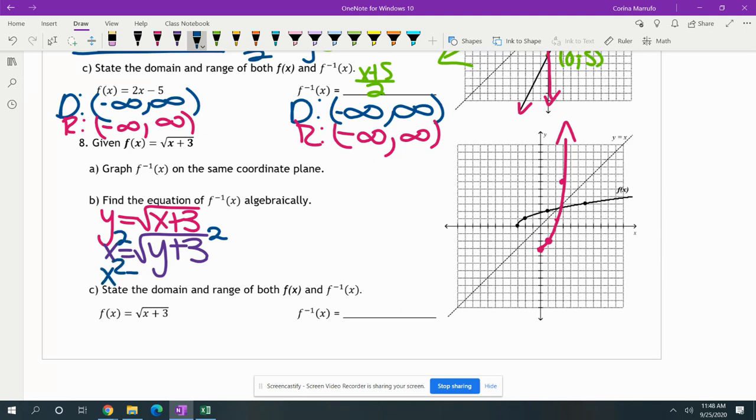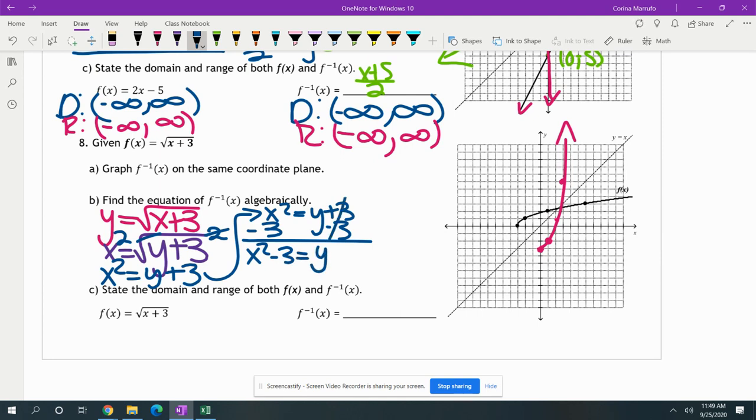So we get x squared equals y plus 3, because the square root and the squared cancel each other out. I'm going to rewrite up here: x squared equals y plus 3. Then we move the 3 to the other side by subtracting it, and we get x squared minus 3 equals y. Your last step is to replace y with f inverse of x. So f inverse of x equals x squared minus 3.